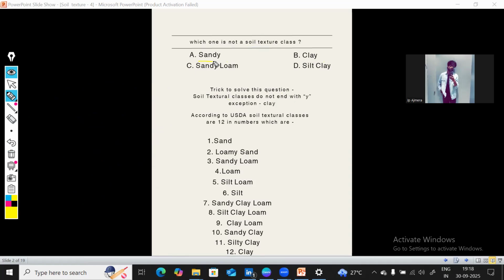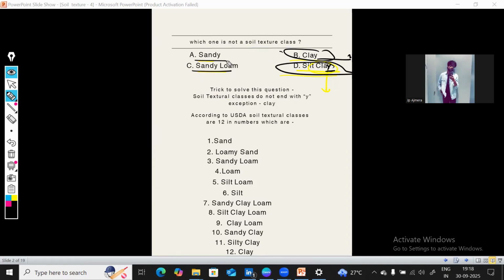There is sandy loam, clay, and silt clay. Silt clay has clay at the end, but we already discussed that in the case of clay, there can be a Y in the soil textural class. So it may be a soil textural class, it has a Y at the end, but it is the exception.